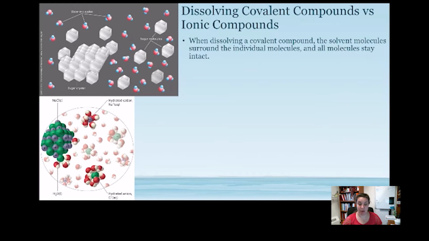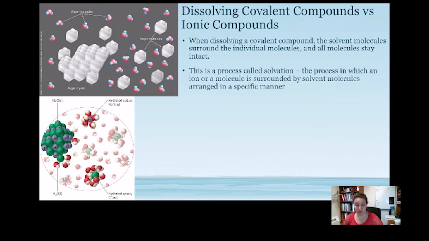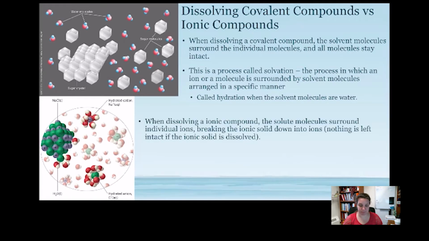We're not actually breaking anything apart besides intermolecular forces. This is called solvation. Anytime we have a solvent molecule surrounding an ion or molecule with intermolecular forces, we call this solvation. If that solvent is water, we call it hydration. And that's regardless of whether it's covalent or ionic.